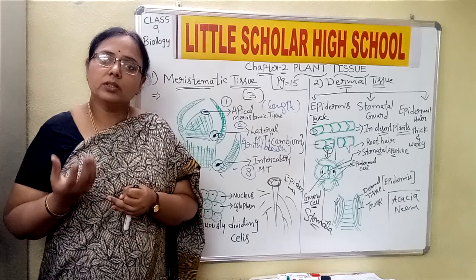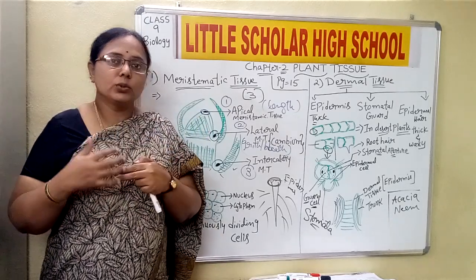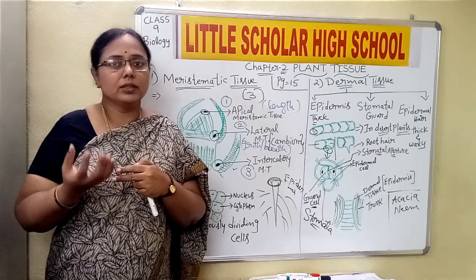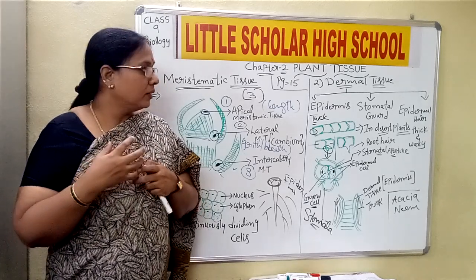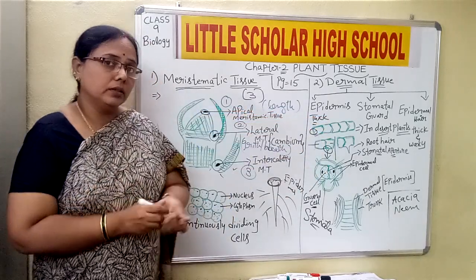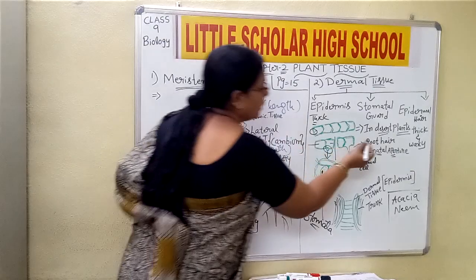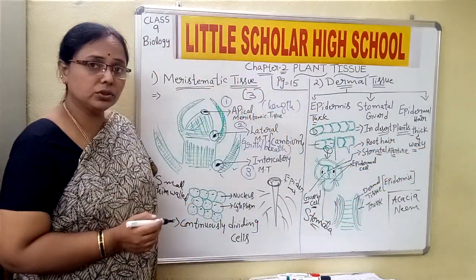So whenever water is available, the plants have adapted themselves to this environment and store the water inside their body. And we also know this thick and waxy layer of the epidermis protects the plant from losing water. Yes or no, children?